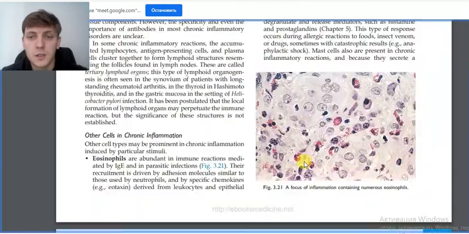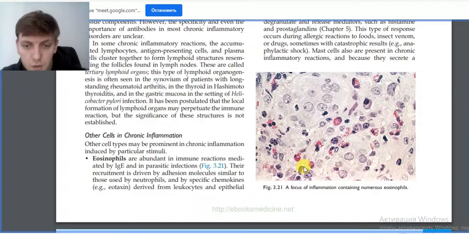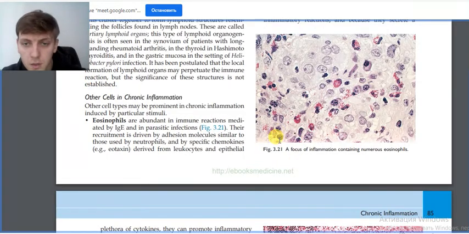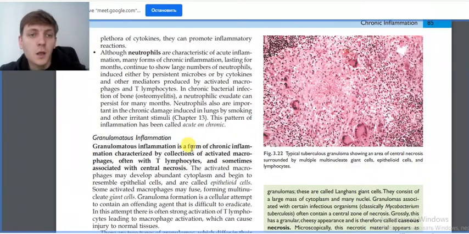So that's how eosinophils look. Basophils are not visible here. Ah, yeah, this is a basophil actually. Okay, anyway, and neutrophils. Normally neutrophils are present only in acute reaction. As I said before, in acute inflammatory reaction, they are the corresponding cells.